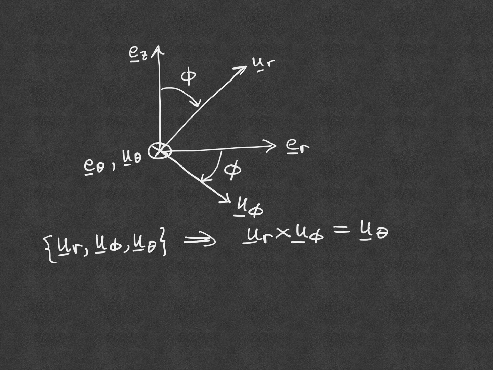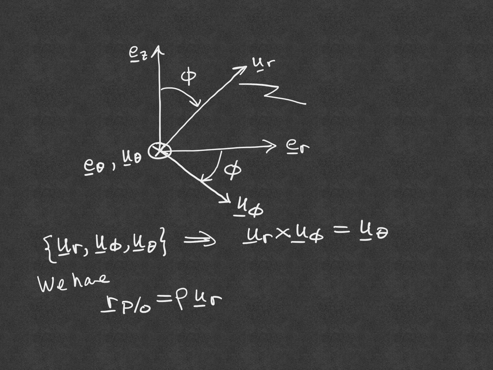Now, what we can see from this basis is that if you look back at the way I defined UR, we have that the position of P relative to O is equal to rho times UR. But notice that UR, U phi, U theta is not fixed in frame A, and it's not fixed in frame B. So this basis is now going to be fixed in a new frame.